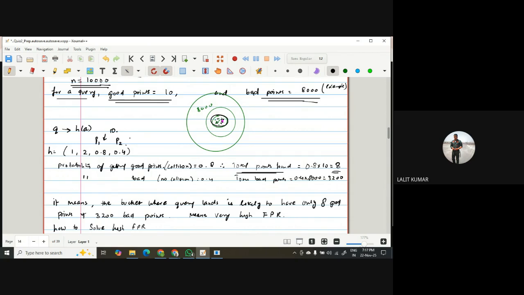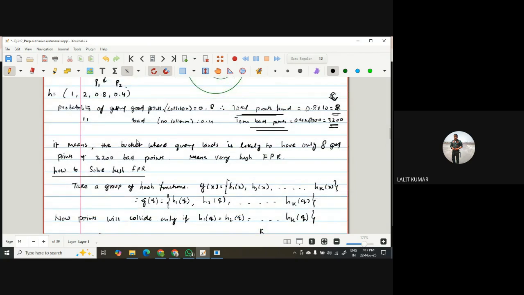So 8,000 into 0.4, then the total bad points will be 3,200. So this is a big problem: we have got 8 good points, but we have found 3,200 bad points. So now to solve this, we have to lower the false positive rate.